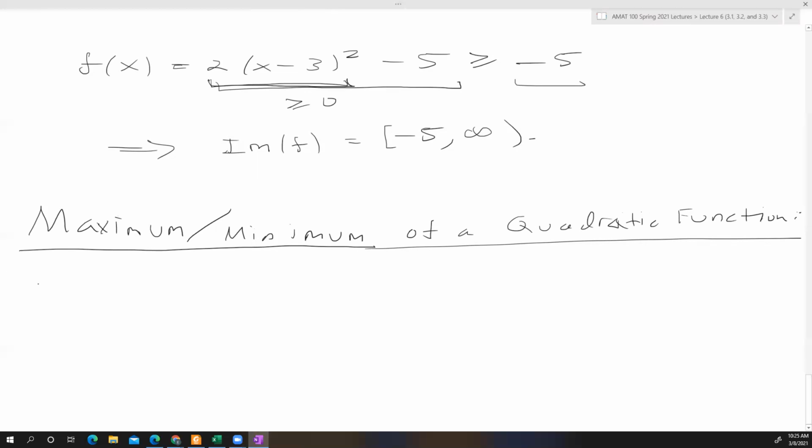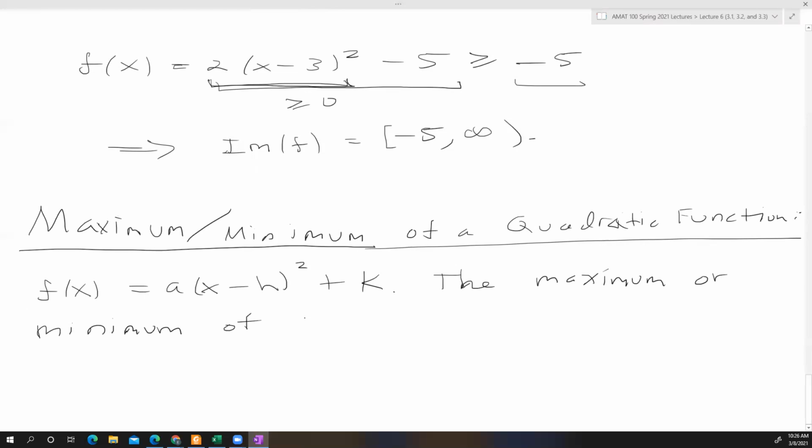So we're going to start with a quadratic function in standard form. So it'll be of this form. And the claim is that the maximum or minimum value of f occurs at x is equal to h.